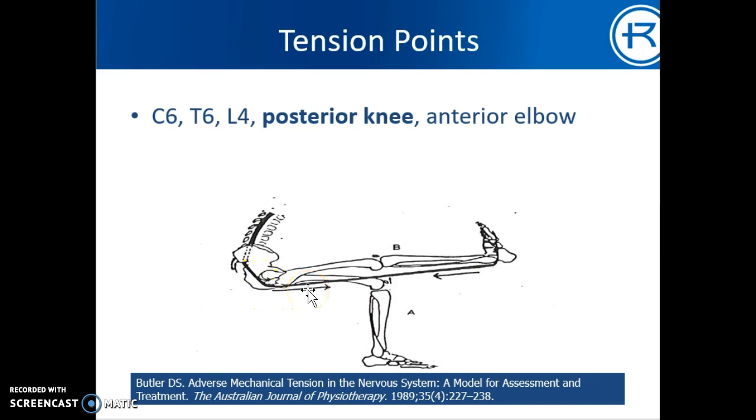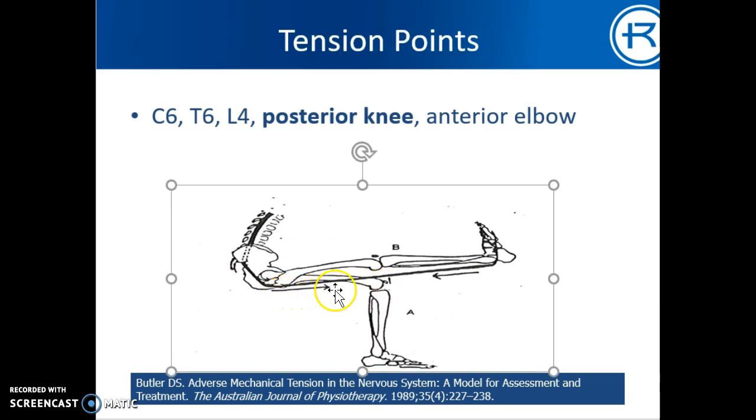And as they come down, the tibial nerve proximal to the knee is also moving caudal, that the neural system is moving caudal, but distal to the knee, it's moving cranially. And these two opposing directions of pull meet at the posterior aspect of the knee, where the nerve interface relationship is constant during movement.